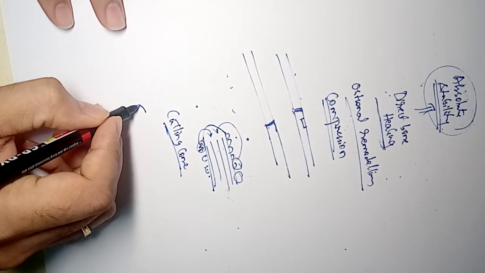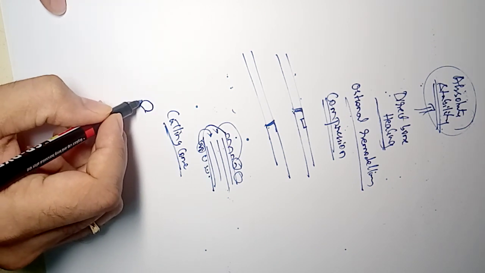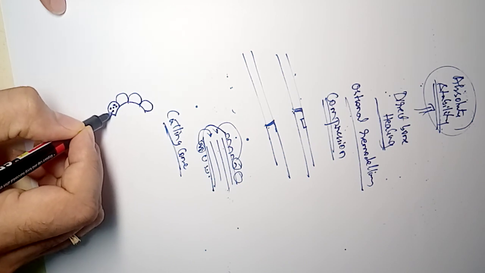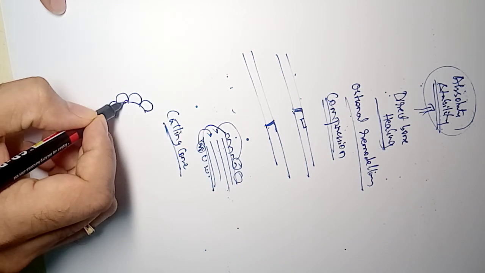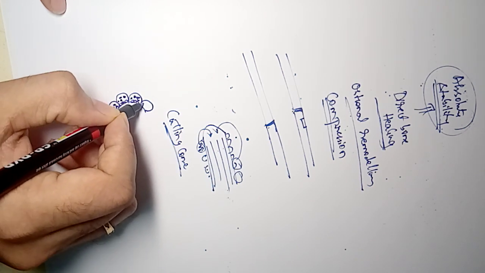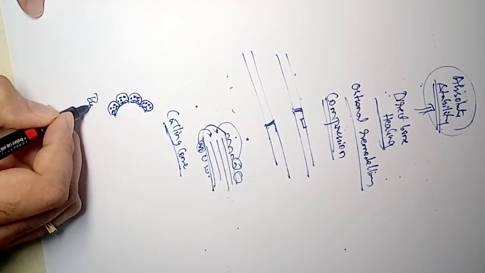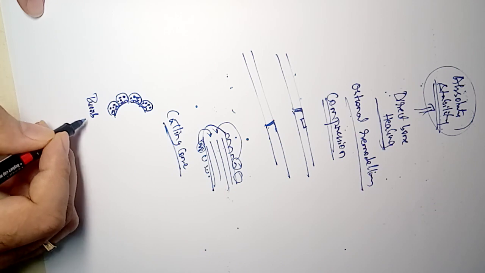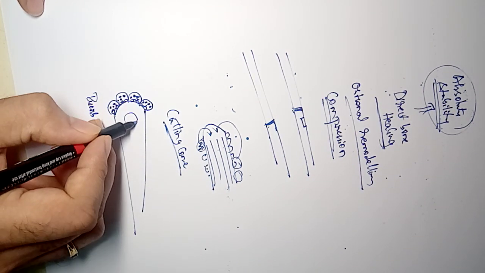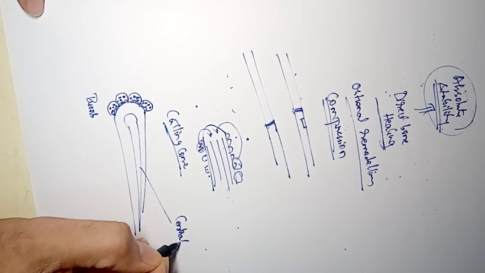In this you have a leading edge which is formed by the osteoclasts, and these will resorb the bone, which is followed by the vessel, the central canal.